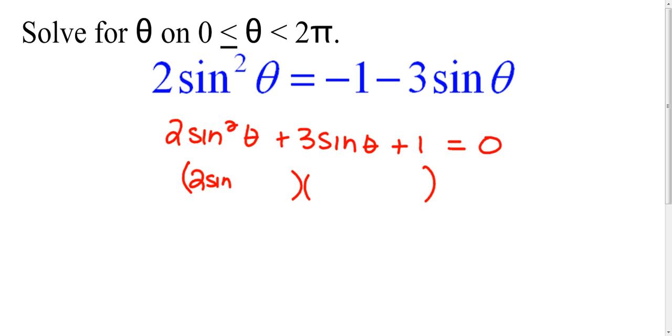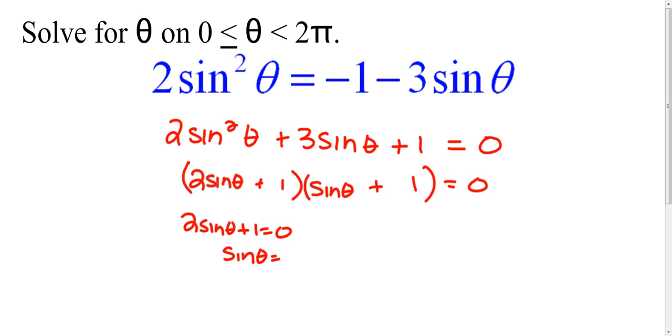So I will have 2 sine times sine, 1 times 1, and plus and plus. This is set equal to 0. So of course I'll set each part equal to 0. Sine in this case will be negative 1/2. And here, sine plus 1 equals 0, so sine will be negative 1.